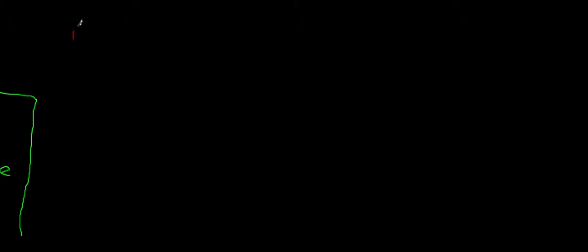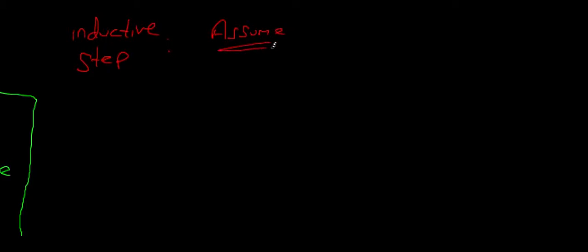Inductive step. Okay, so we're now going to assume that Sn, which by definition is equal to the sum from k is 1 to n of 2k minus 1, is equal to n squared.